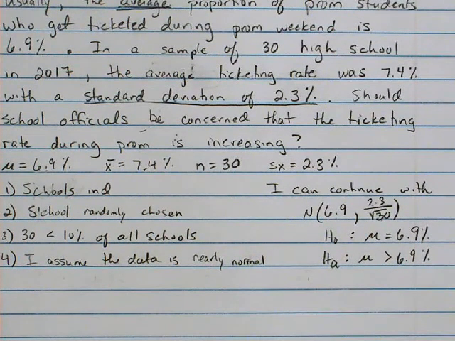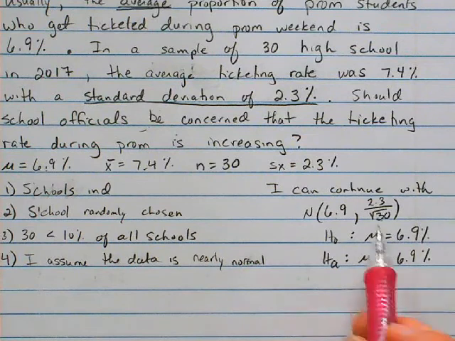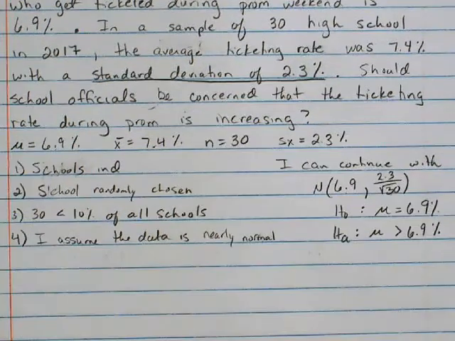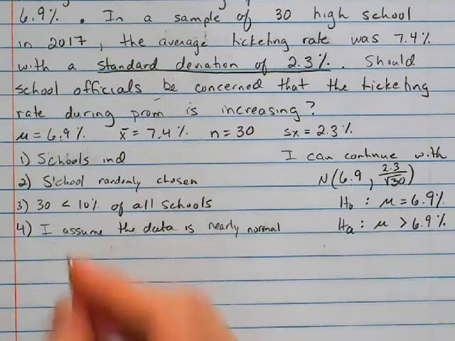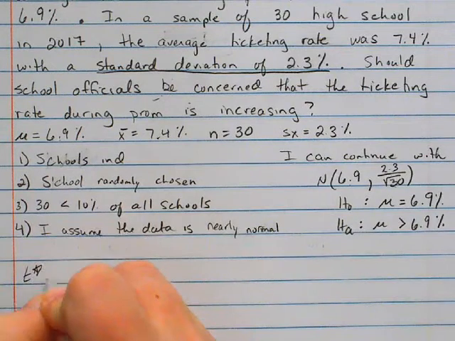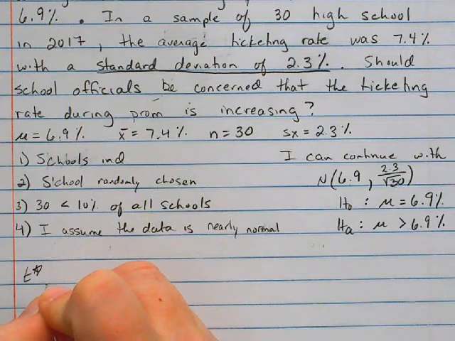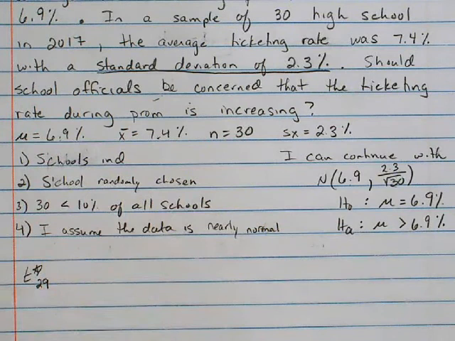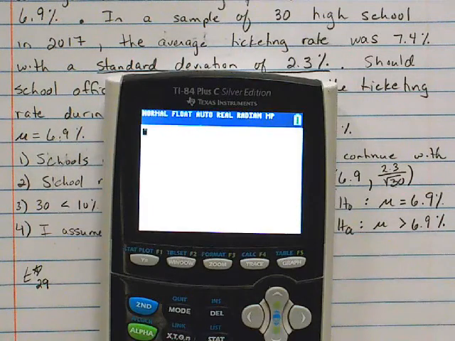Okay, so how does the math work? Well, we need a t star value for 30. So t star for 30 would actually be a t star of how many? 29. Very good. So we grab our happy little calculator and we go to vars and inverse.